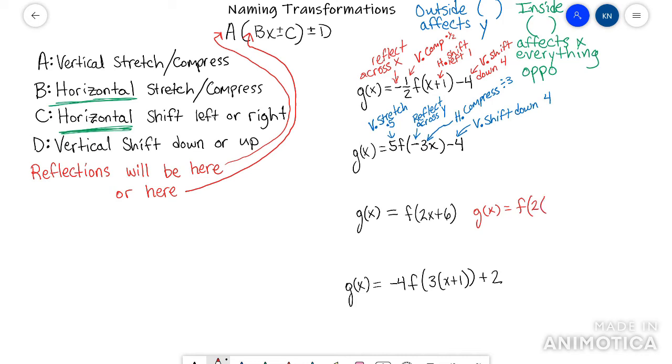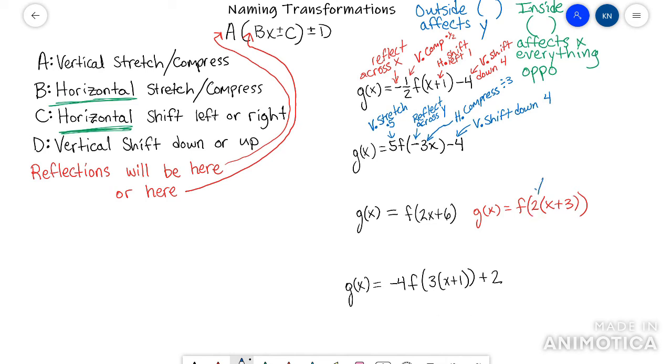Factor out a 2. And the reason is because when you go to name these transformations, this +6 right here, if you say horizontal shift left 6, this problem is incorrect. Because it's not really shifting left 6. There's a compression in there as well. So the easiest way to do it, I've found, is just factor it out like this, and then go and answer what each thing is.